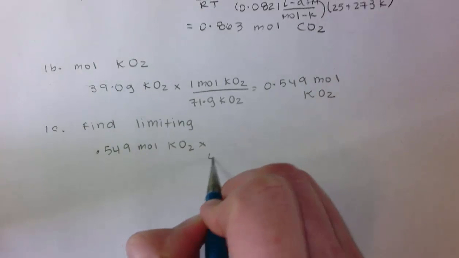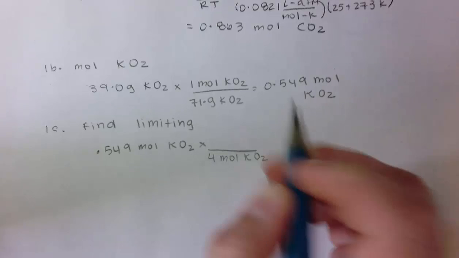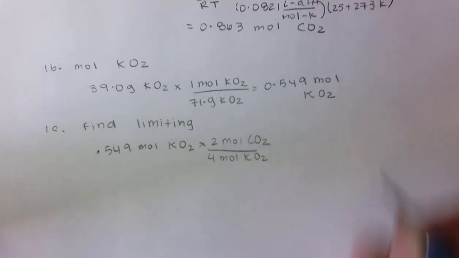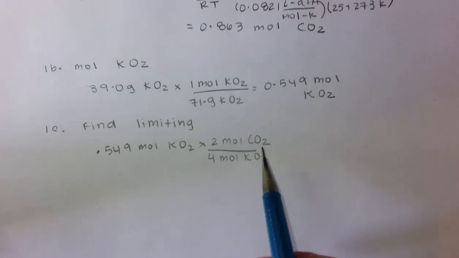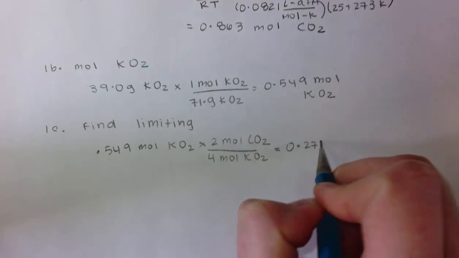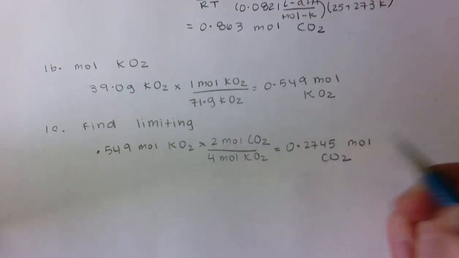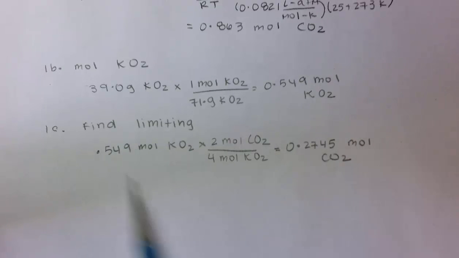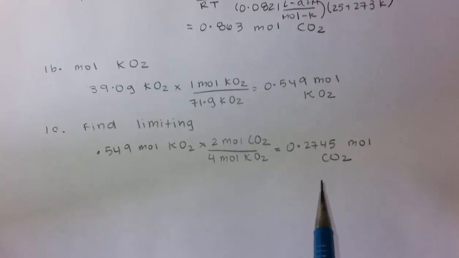This is just based on the stoichiometric coefficients in our balanced equation above, and this is really similar to what you did in the first exam. So for every 4 moles of KO2, we have 2 moles of carbon dioxide, and I get 0.2745 moles of carbon dioxide. So to react all of my KO2, I need 0.2745 moles of carbon dioxide.